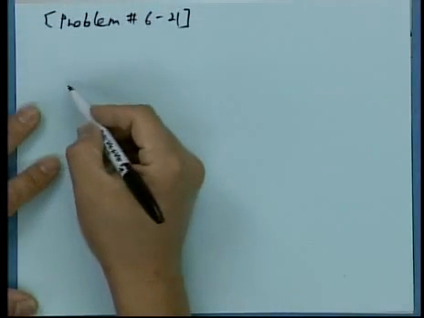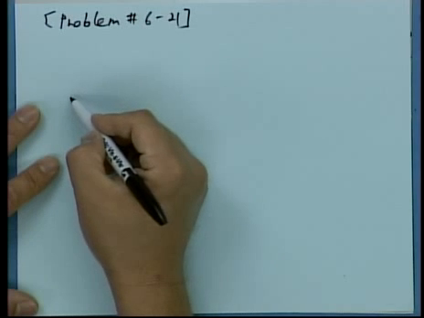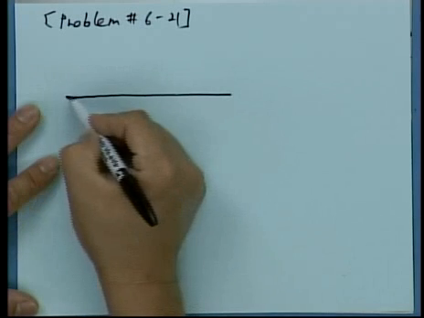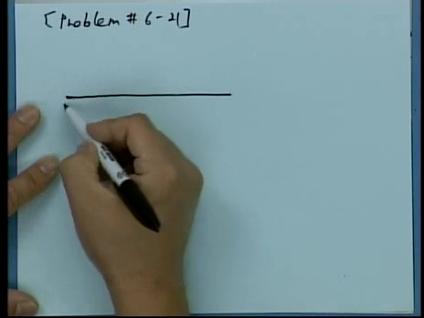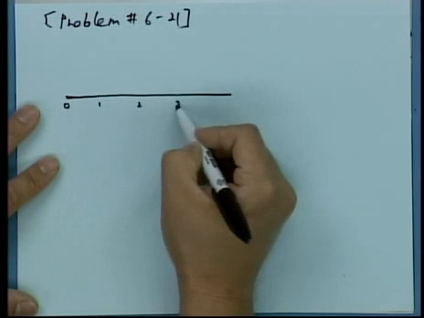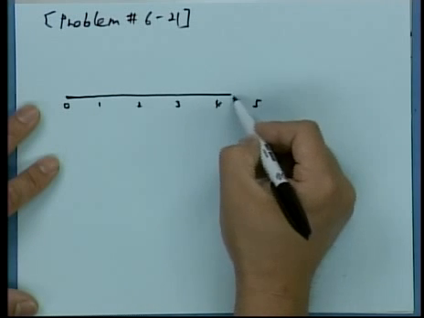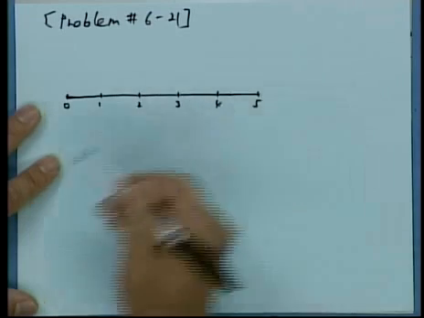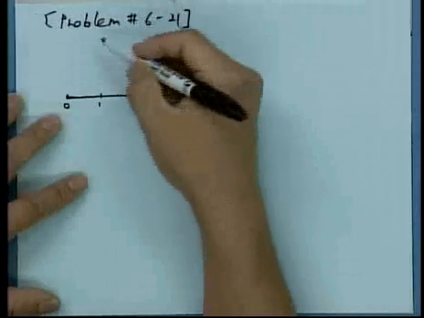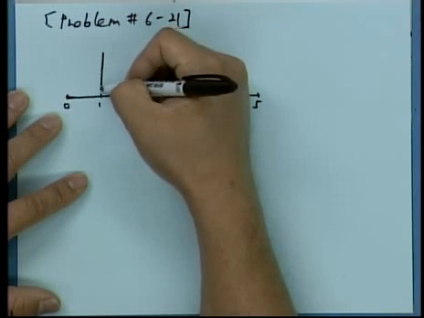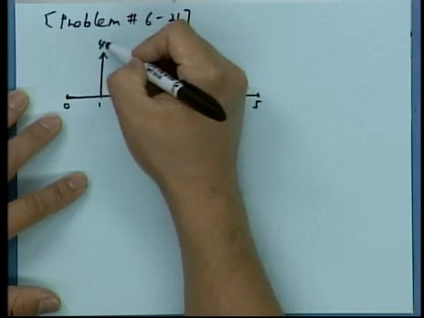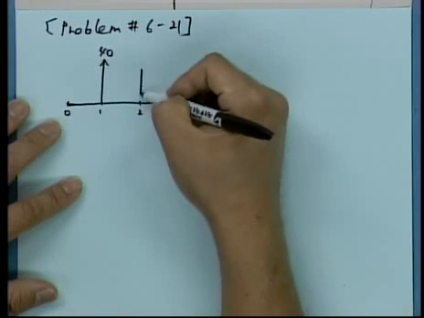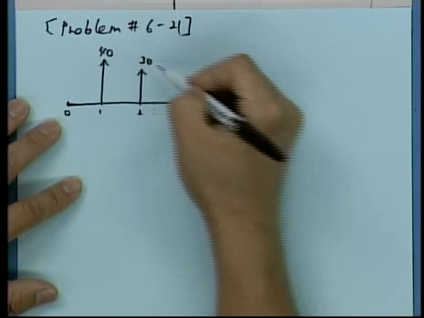So there are 5 periods. Zero, 1, 2, 3, 4, and 5. And at the end of period 1, there is a positive cash flow of 40. At the end of period 2, 30.